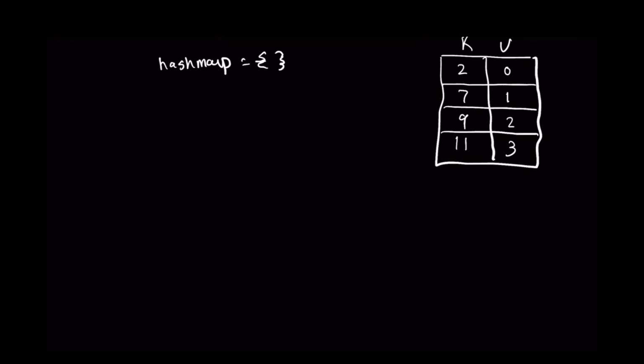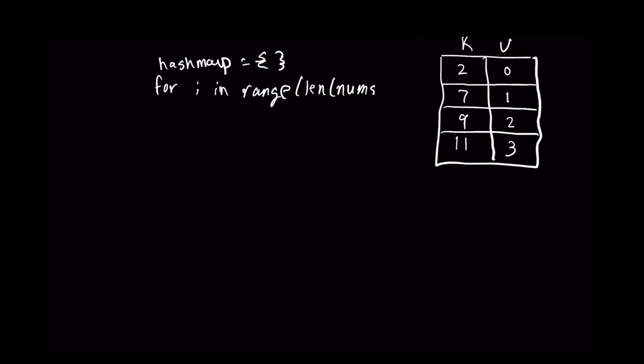So to do this using code, we iterate through our array again using a for loop. So for i in range, length of our array, we want to go through the whole thing. And now this time, we're going to use our hash map to store our key value pairs.